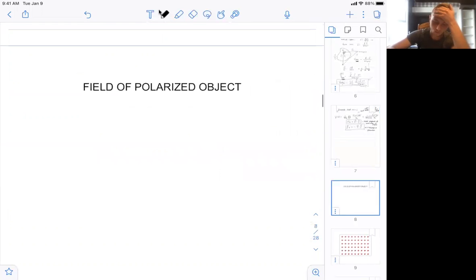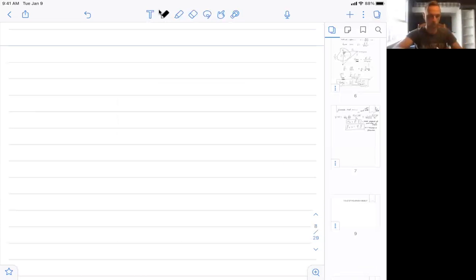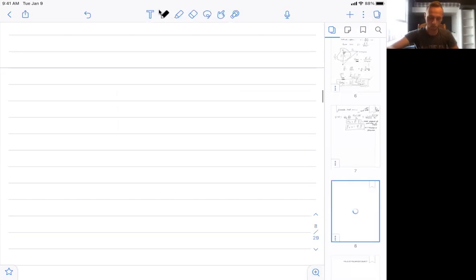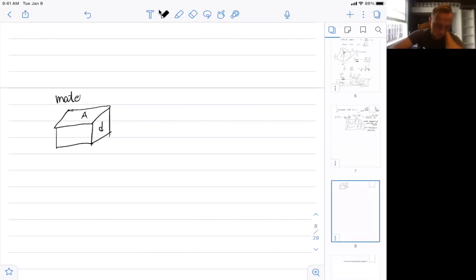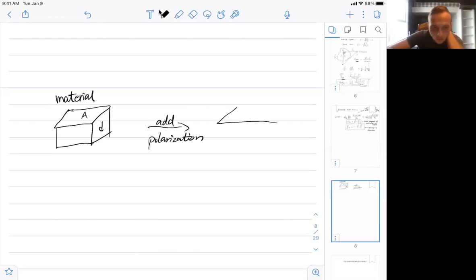So let's start with a material. I'm going to start a new page here. I have this material with surface area A and height D, and I'm going to add polarization. After you polarize the material, it may look something like this.